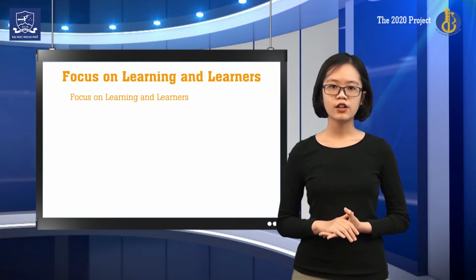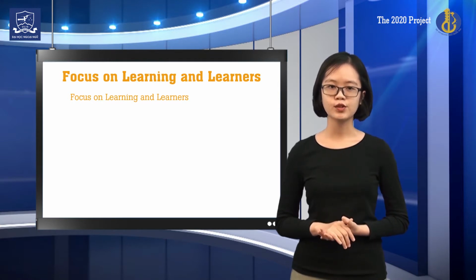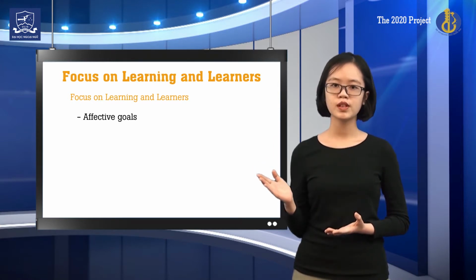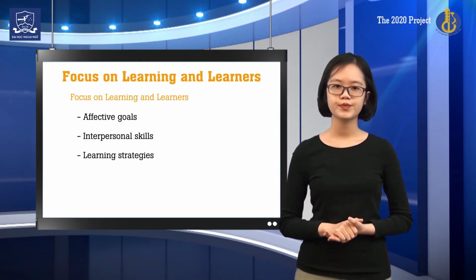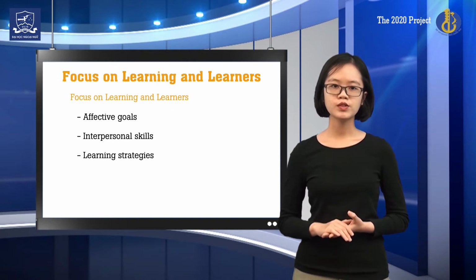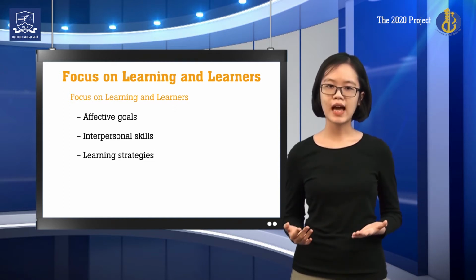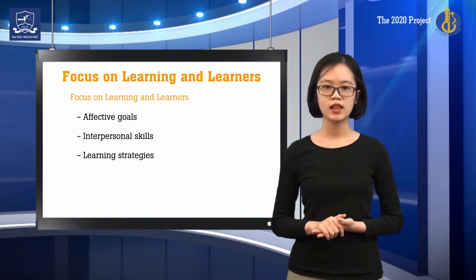Focus on learning and learners may involve three factors: affective goals, interpersonal skills, and learning strategies. The affective goals are concerned with the learner's attitude towards themselves, learning, and target language and culture.